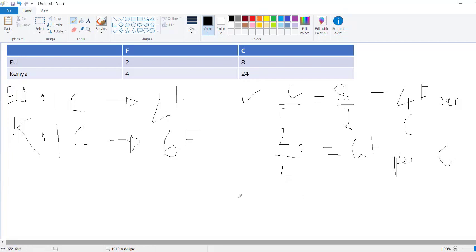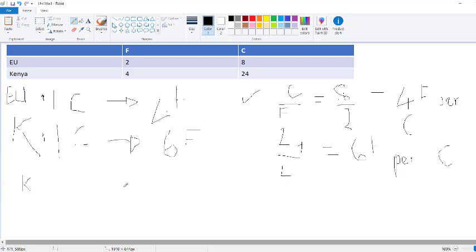Similarly, you can do this to find out who has comparative advantage in terms of food. So we're going to do the short calculation.